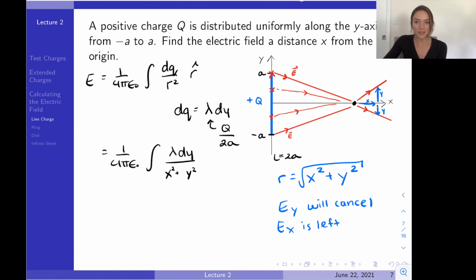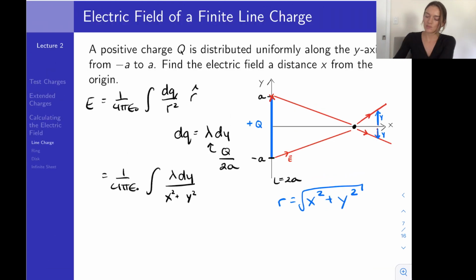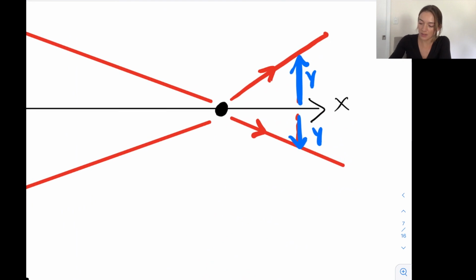So how do I find E_x? What I want to do is, instead of writing an equation for r hat, just figure out how to pull out the x component of my electric field. Because once I do this integral, this is going to be the magnitude of my electric field, and I want to pull out the x component of that. So how do I get the x component of a vector? Well, we can call this angle theta.